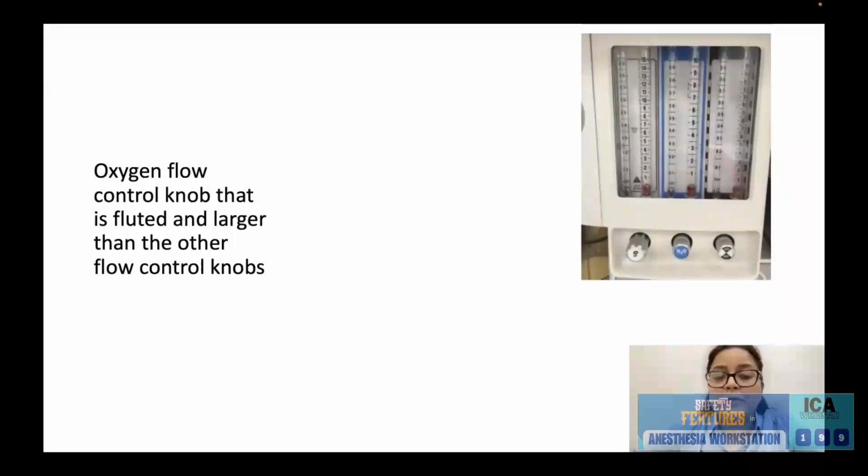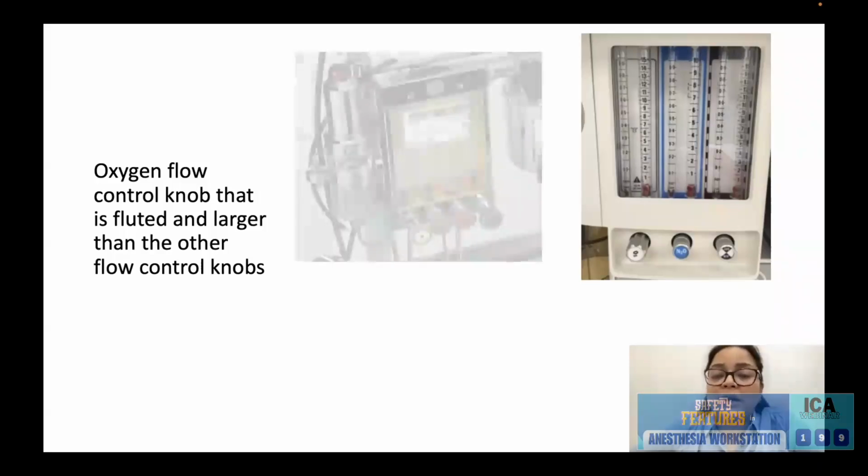Then come the oxygen flow control knobs. The current standard mandates that the oxygen flow control knob should be larger than the other flow control knobs and it should be fluted. This helps the anesthesia provider to alter the gas flow in low light conditions as well, and when the anesthesia provider is not directly looking at the machine.